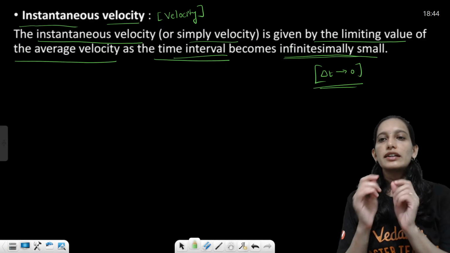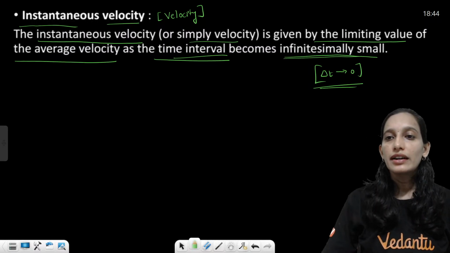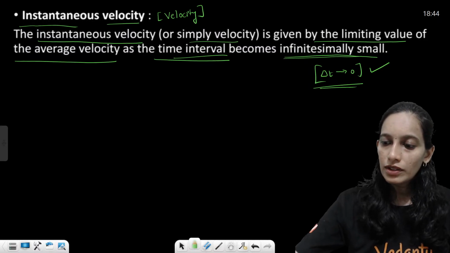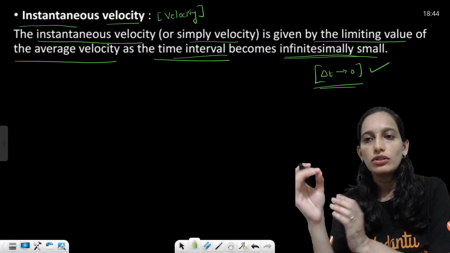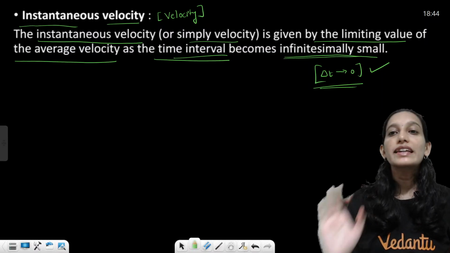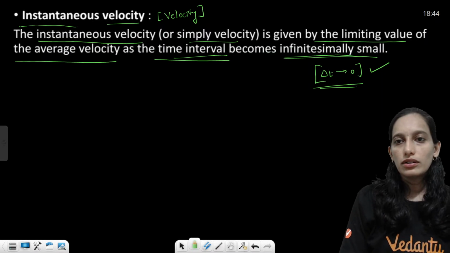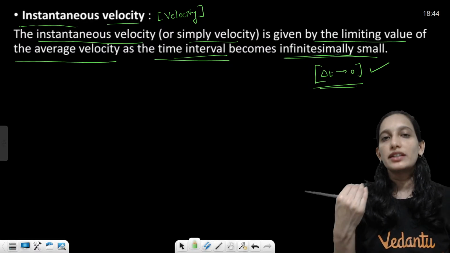It is very close to 0 but not equal to 0. That is your delta t tending to 0 notation. So delta t is as close to 0 as possible but not equal to 0. That is the meaning of infinitesimally small or limiting value.